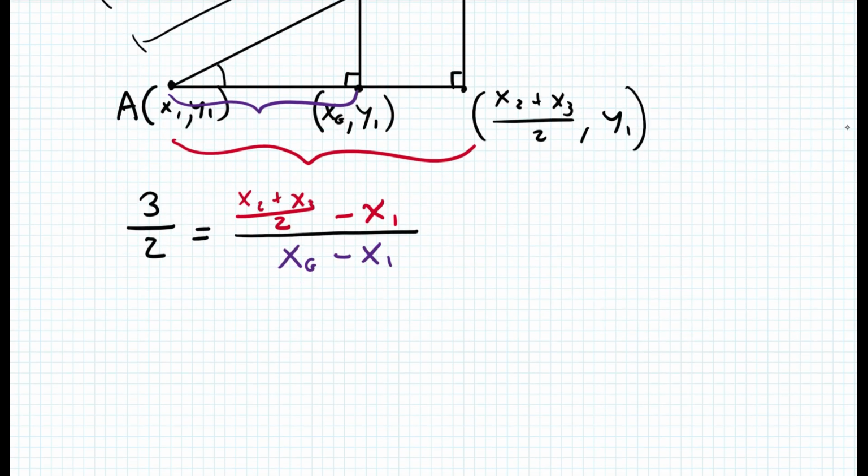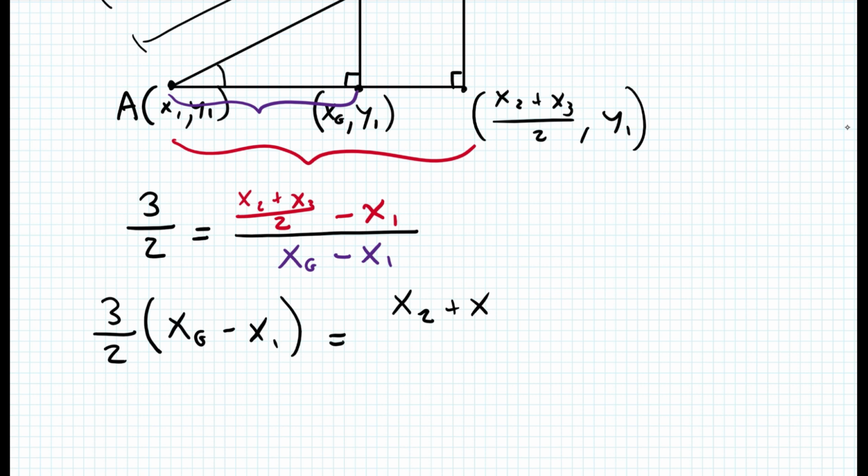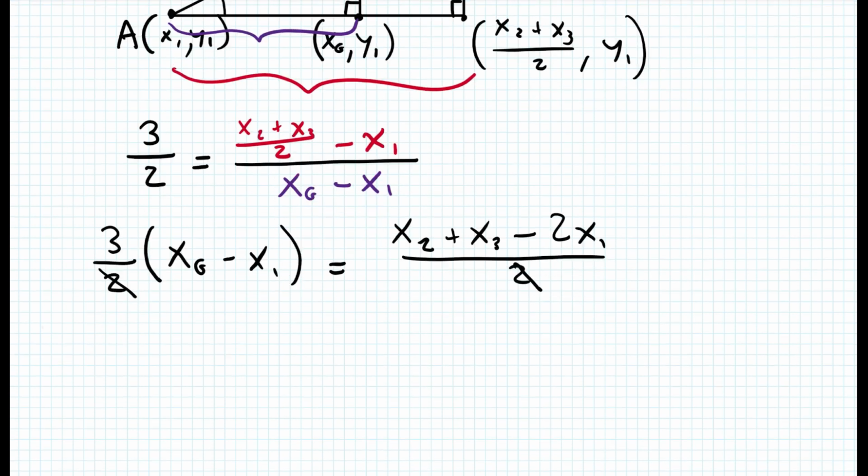Well, let's multiply the denominator on both sides. So we have 3/2 times (xg minus x1) is equal to, and what we can do here is find the common denominator. So we have (x2 plus x3 minus 2x1) over 2, okay? And that's actually great because the 2's cancel by multiplying by 2 on both sides.